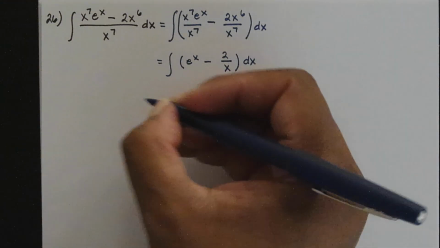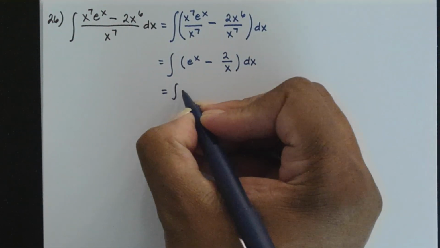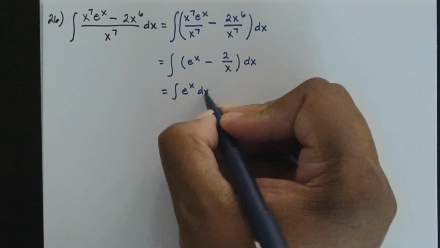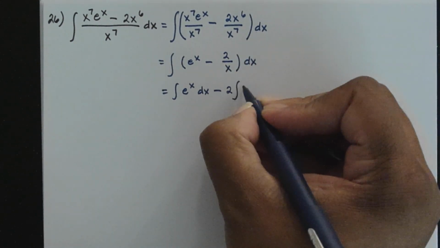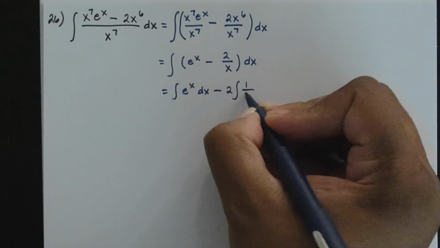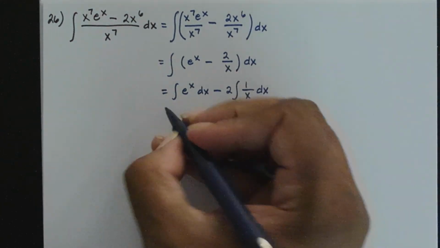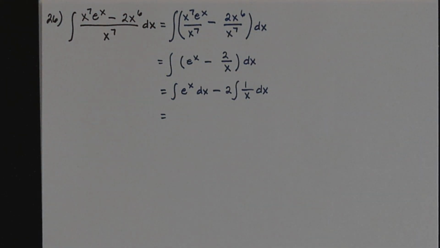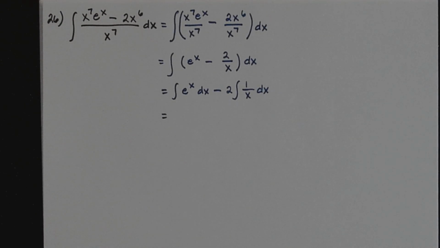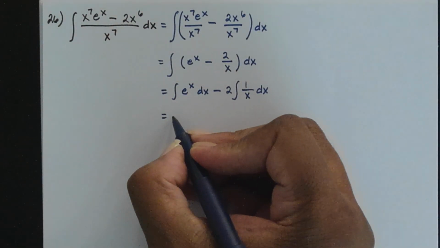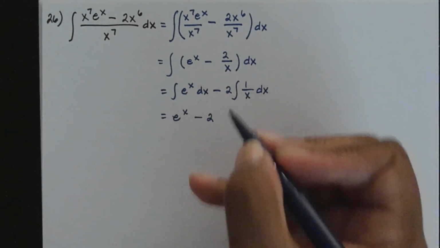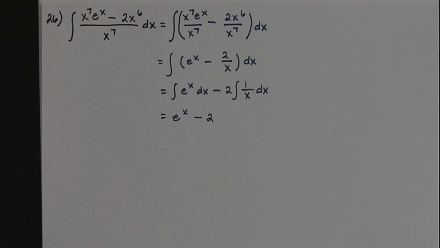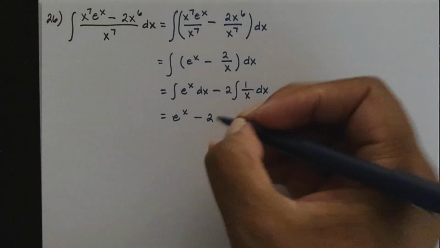Okay, let's integrate each part by writing this as the integral of e to the x dx minus, and I'll pull the 2 out in front, so it'll be 2 times the integral of 1 over x dx. Now, what's the integral of e to the x? Just e to the x, minus 2 times the integral of 1 over x dx, which would be natural log.